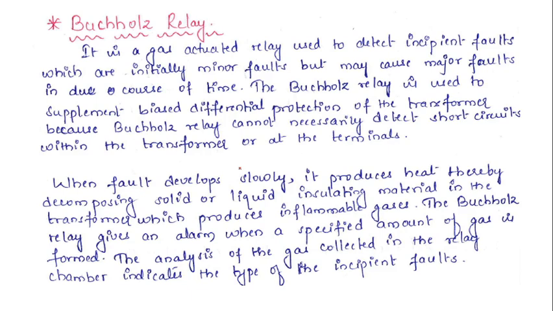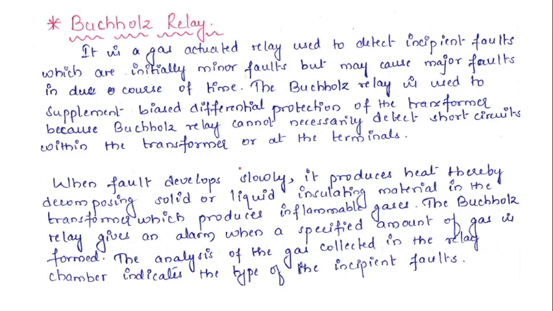In order to prevent such faults, the Buchholz relay is used. It is a gas actuated relay used to detect the incipient faults which are initially minor faults, but may cause major faults in due course of time.